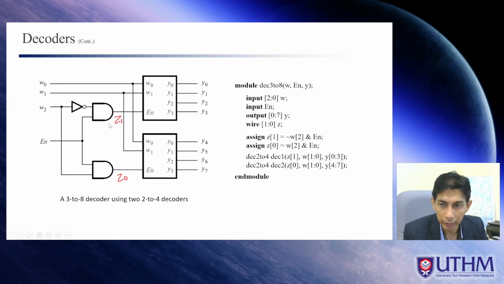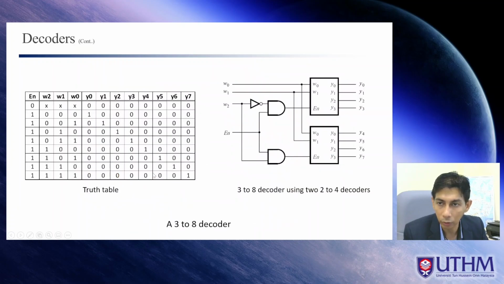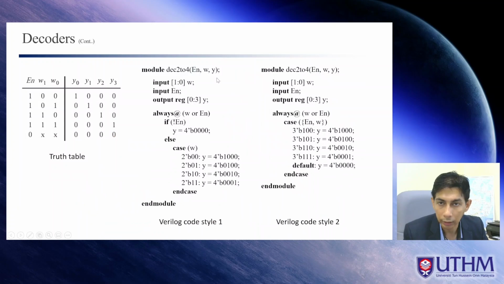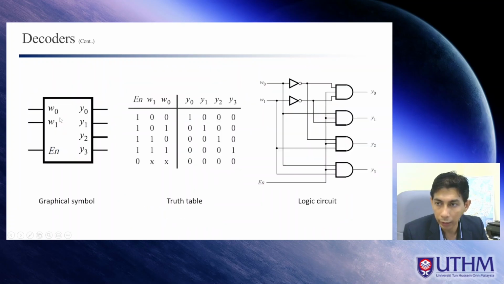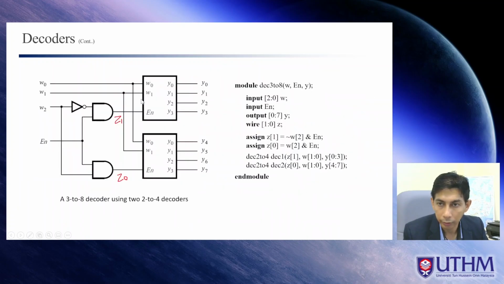Now EN is connected to Z1. That is why we have Z1 here. And the next one is W10. What is this? Again, we need to go back here. We have W, and W1, W0, right? So W here is actually W1, W0, meaning that here W1, W0, or W0, W1, same thing.